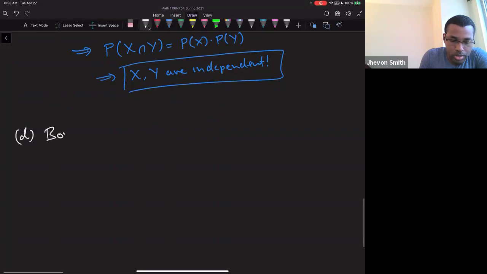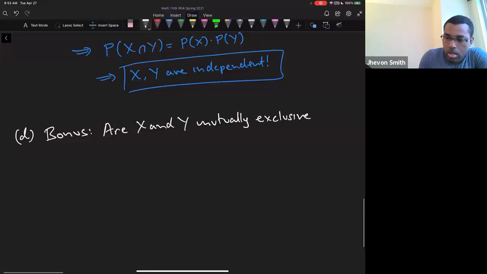D, bonus. Are X and Y mutually exclusive? What do you think?